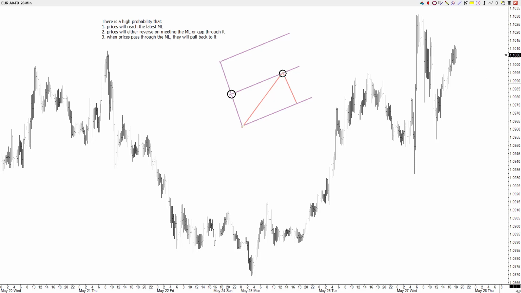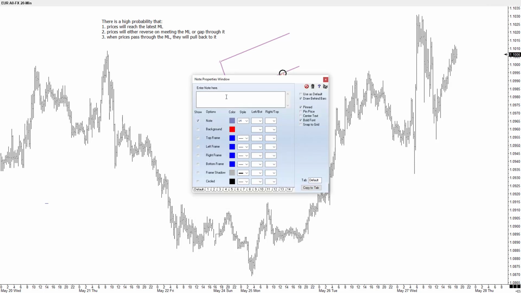I'm going to lay out what Andrews says about this. In the Andrews course, in the material, there's literally only one sentence that says anything about reverse median lines.